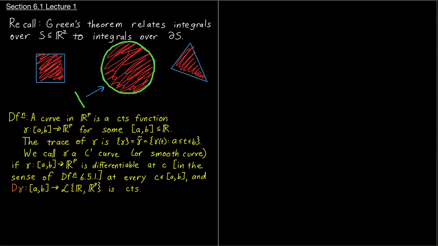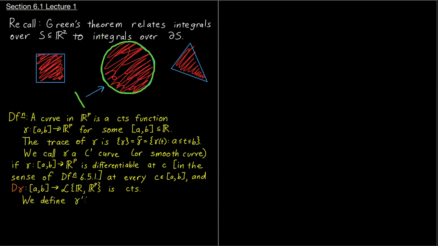Now, d gamma of C is a linear operator from the real numbers to Rp, and linear operators with domain in the real numbers are all of the form: your input multiplied by something.